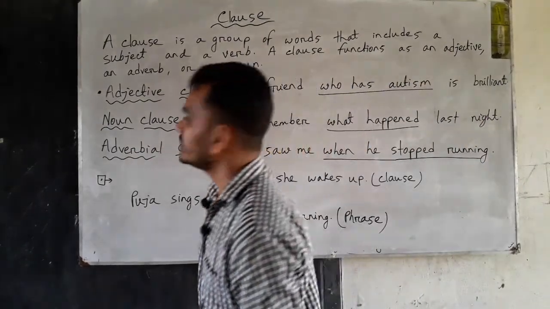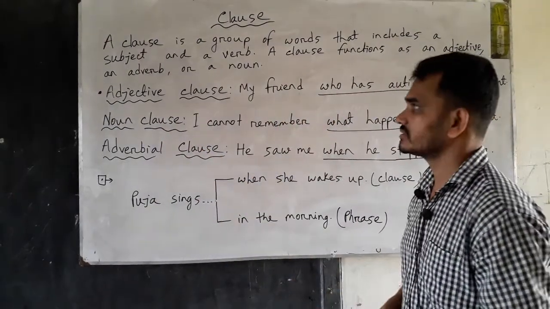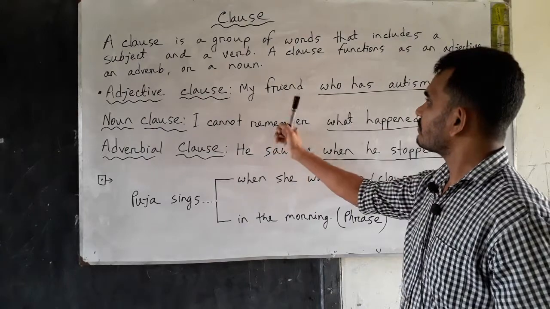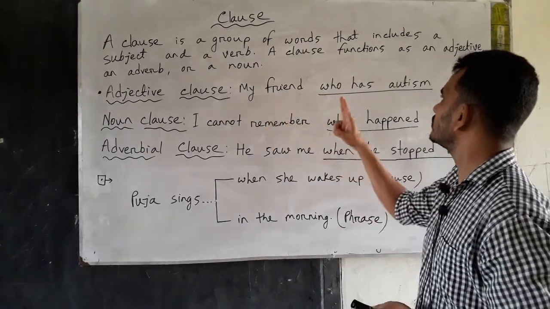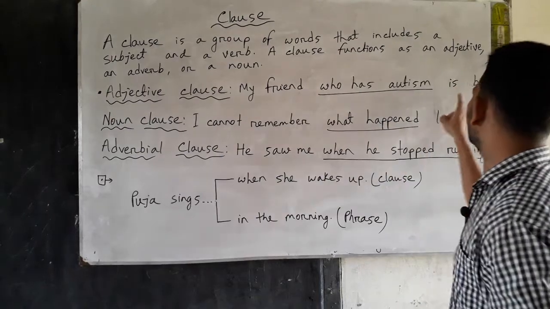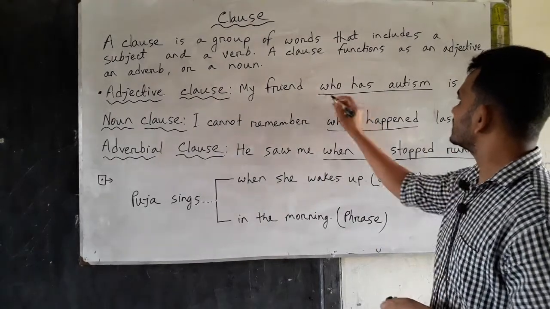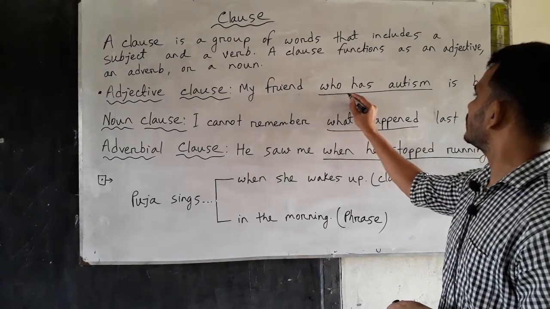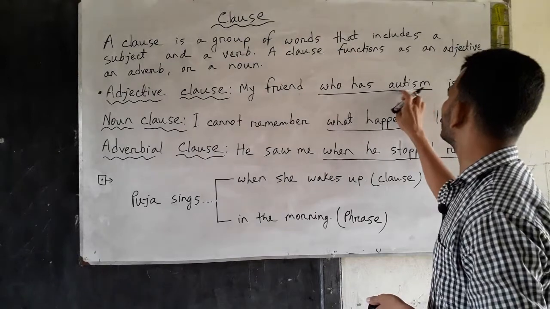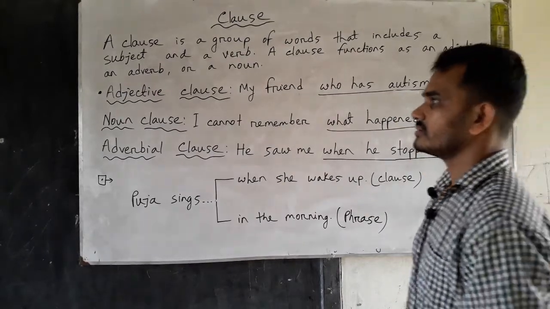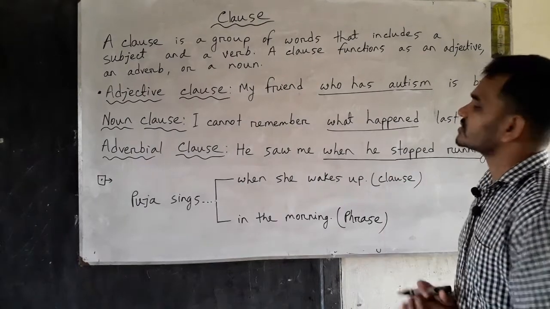Dear learners, here look at one thing, adjective clause. Here I also gave you an example. My friend who has autism is brilliant. Here the group of these words is a phrase. Clause. So how is it a clause?